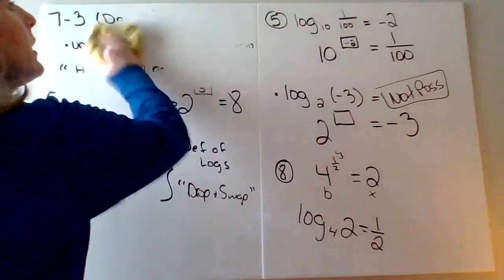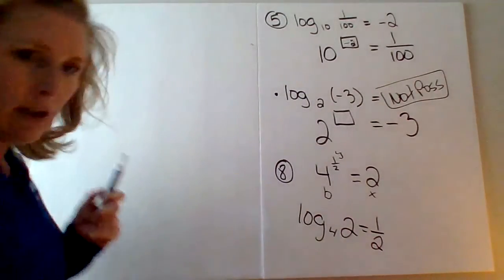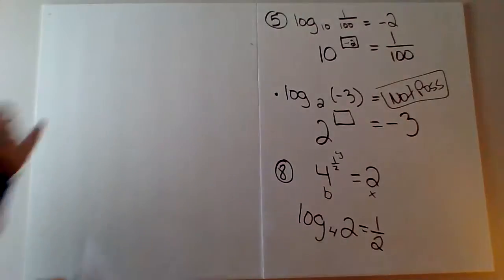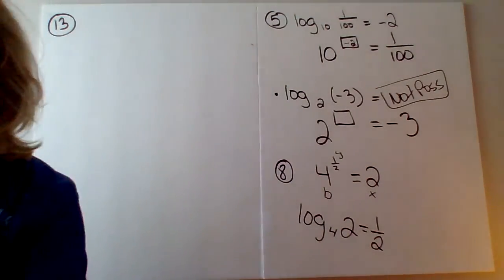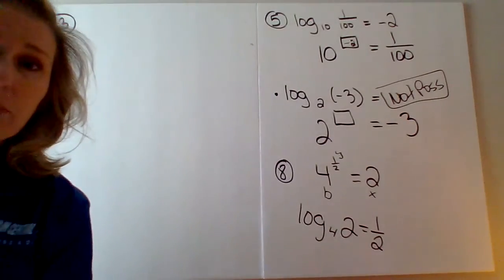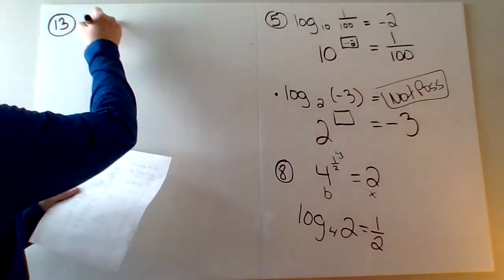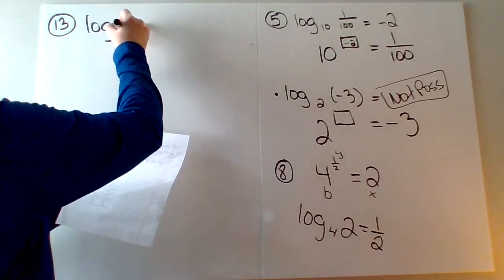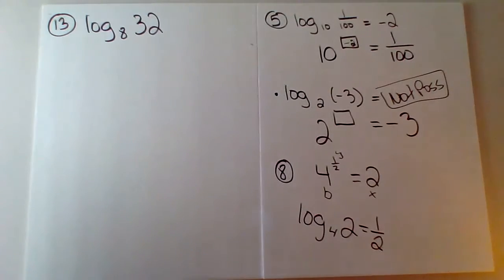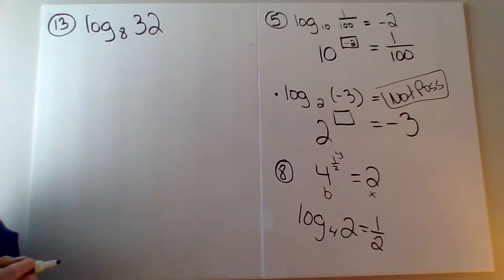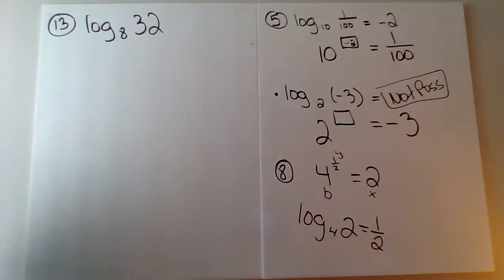The second part is that we're going to have to evaluate a log. If you notice the numbers that I'm putting up here, they correspond to the notes that I am posting. We have to evaluate log base 8 of 32 equals what number?